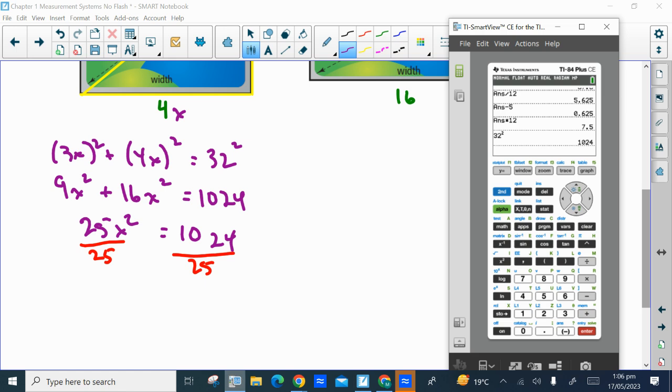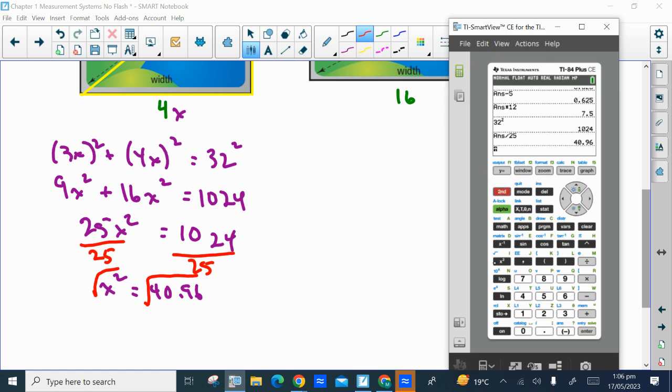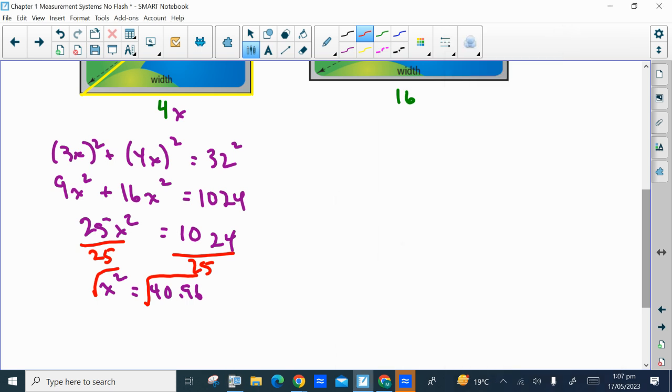So 1,024 divided by 25, x squared equals 40.96. And then we'll take the square root of both sides to find out what x is. So the square root of that number, x is exactly 6.4.